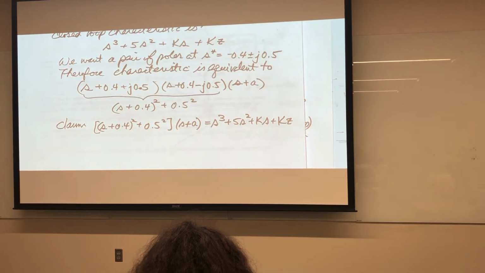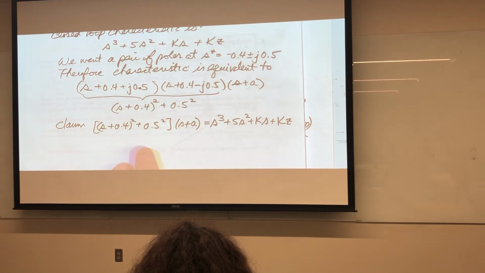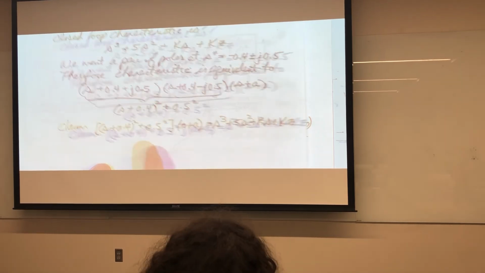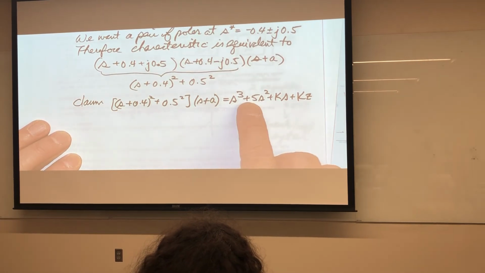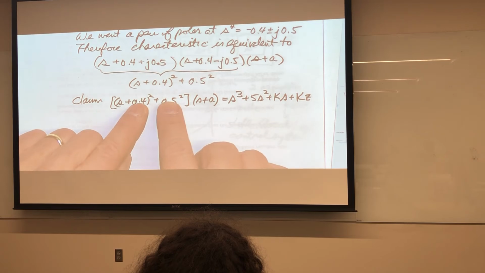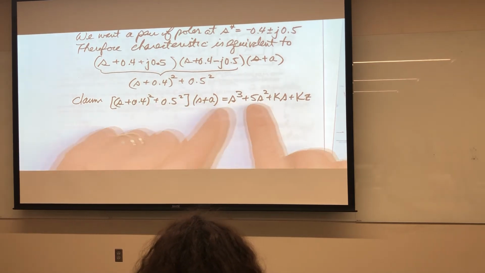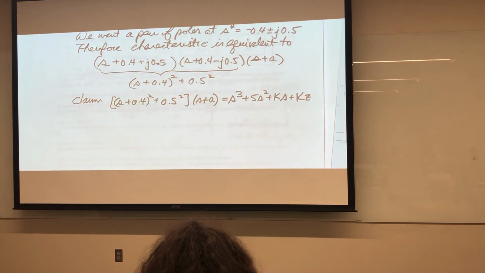So the basic idea with algebra is just to multiply this out and then match terms. You're going to have s cubed on this side, you have s cubed on this side. You're going to have something multiplying s squared, you have something over here. And you just go back and forth, and you see what k and z need to be.